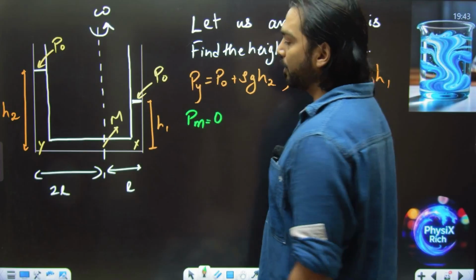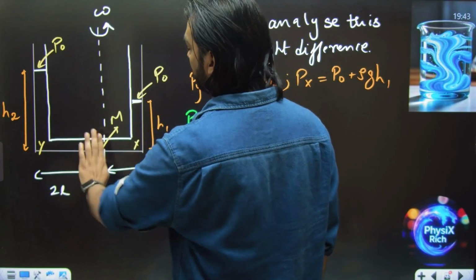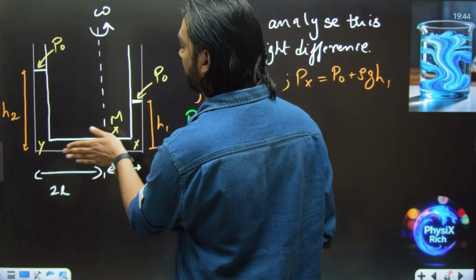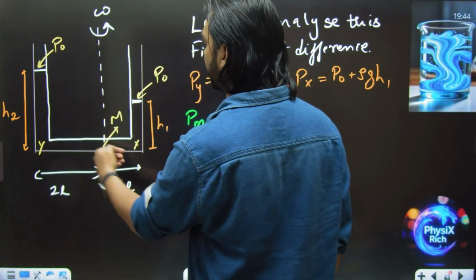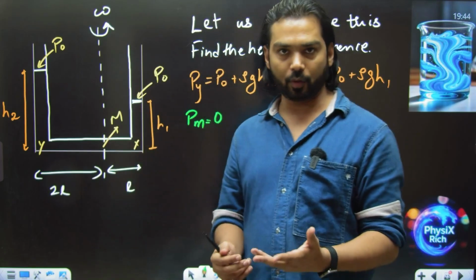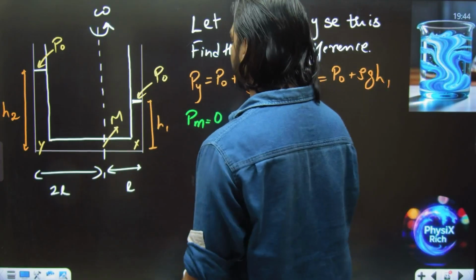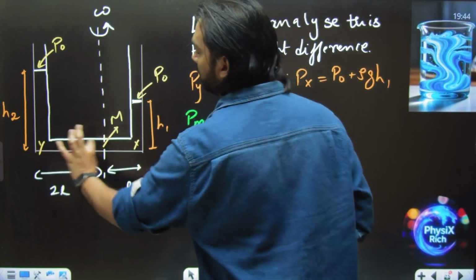All right. We will assume that because the fluid is being pushed to the left on the left side of it, and to the right side, the fluid is being pushed towards the right. Now, why is this happening? This is happening because of centrifugal forces. All right. So, what can you say about the pressure at the point Y if we go in this direction along this part of the tube?